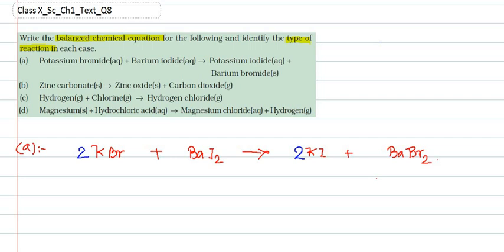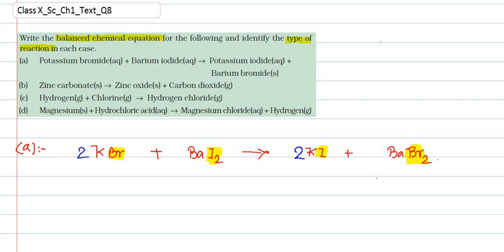You see here, in potassium bromide, this bromine has been replaced by iodine, and in this barium iodide, iodine has been replaced by bromine. In this case, you see there is displacement happening, but it is double displacement.